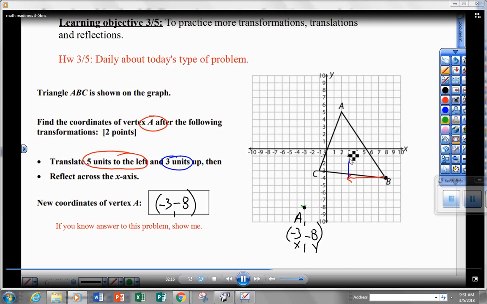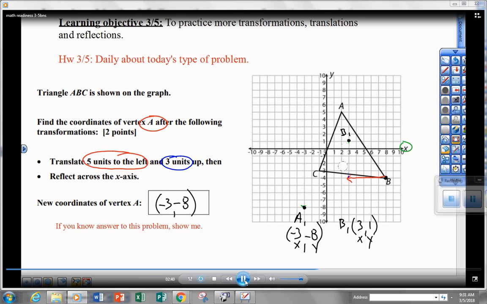So that means if I'm under 1, I'm going to be above 1 for the reflected point. So that point right there, B prime, that is after moving it 5 to the left, 3 up, and then reflecting straight across that x-axis. So that new point for B prime is 3 for x, 1 for y.